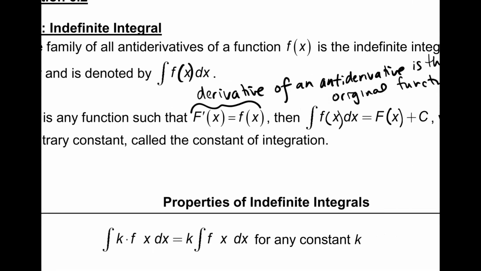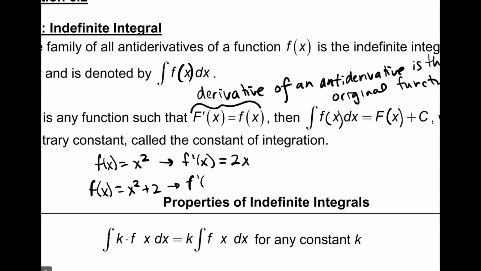Think about this. If f of x is equal to x squared, what is f prime of x? 2x. What if f of x is x squared plus 2? What is f prime of x? And one more: f of x is x squared plus 100. What is the derivative? 2x, again.